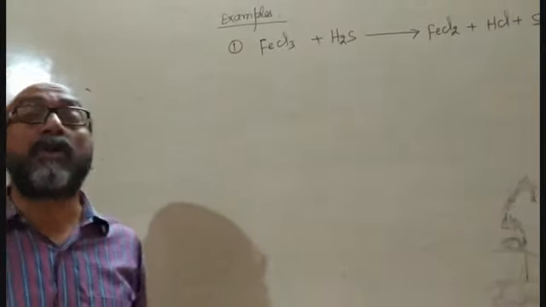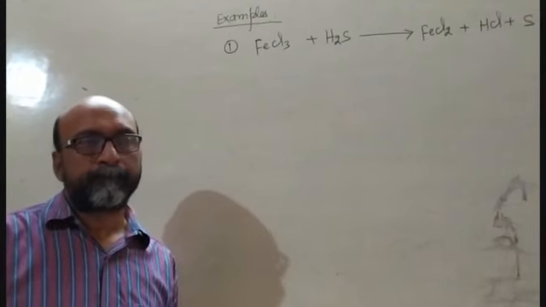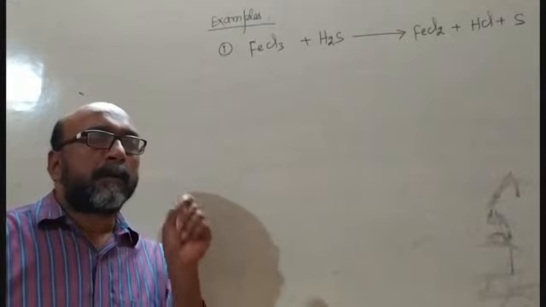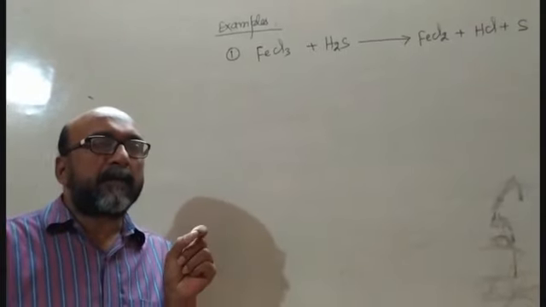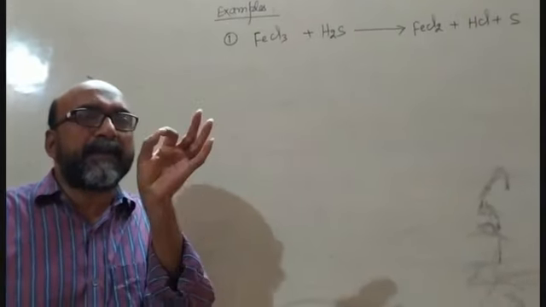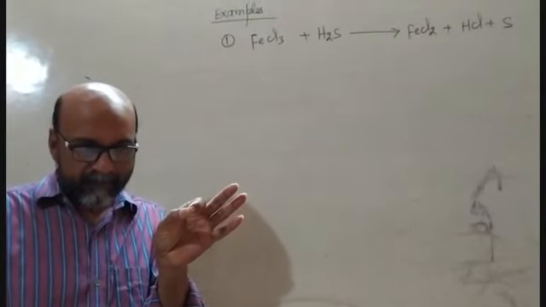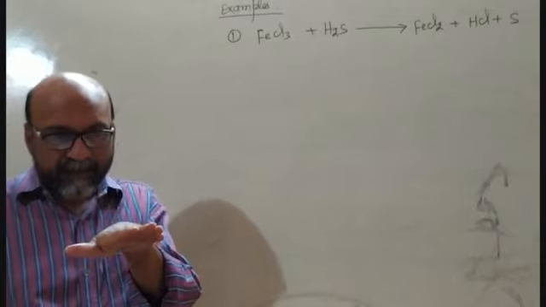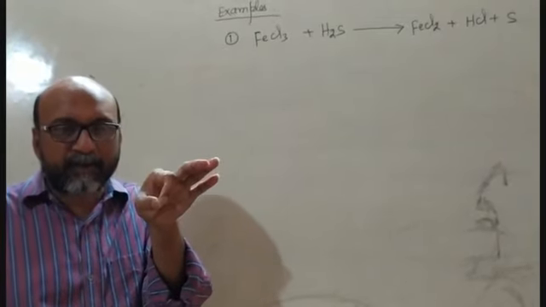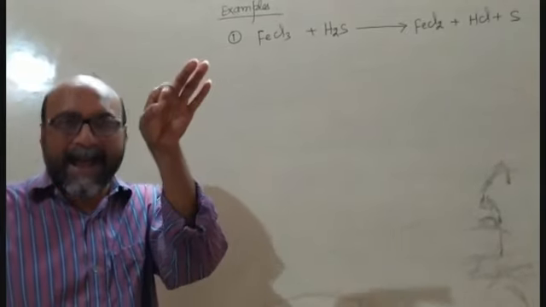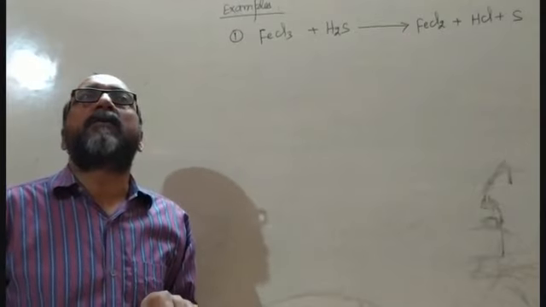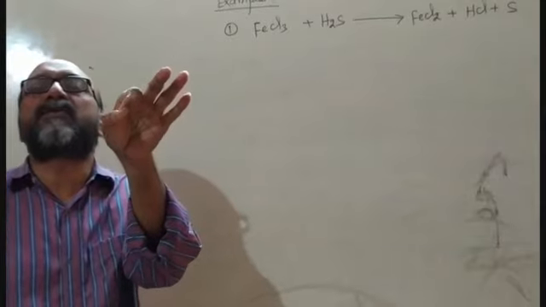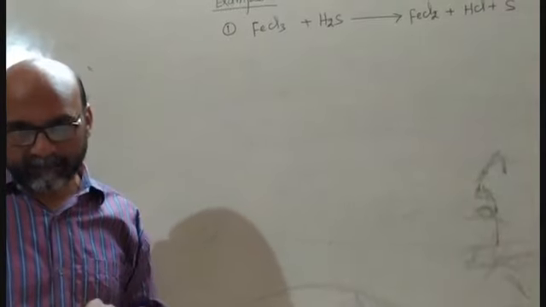For that we need to determine the oxidation state of each element on both sides of the reaction. That means for each element of the reactants and the products, we need to determine the oxidation state or charge of the element.